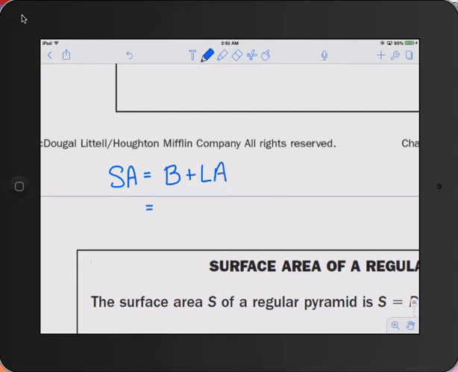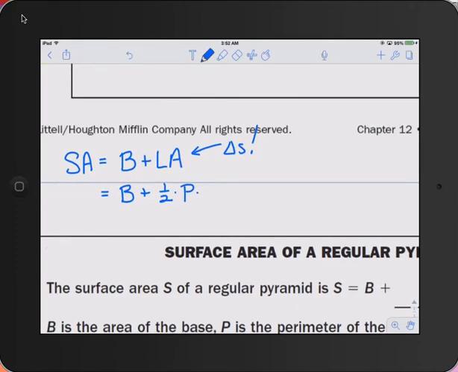Now, the base is going to be whatever the regular polygon's area is. But for the lateral area, these are triangles this time, so it won't be perimeter of the base times the height. It'll be 1/2 the perimeter of the base times the slant height.